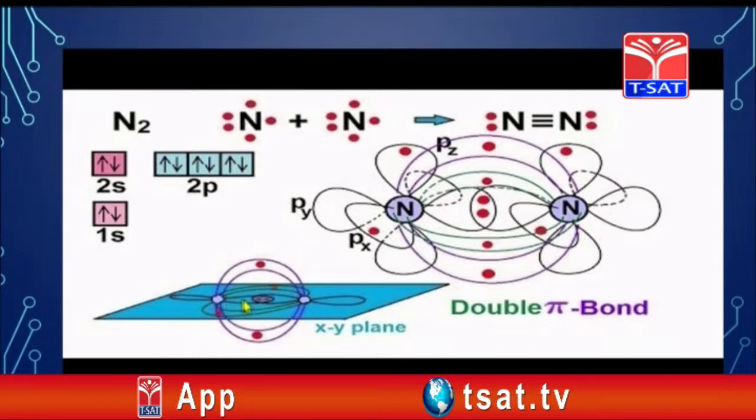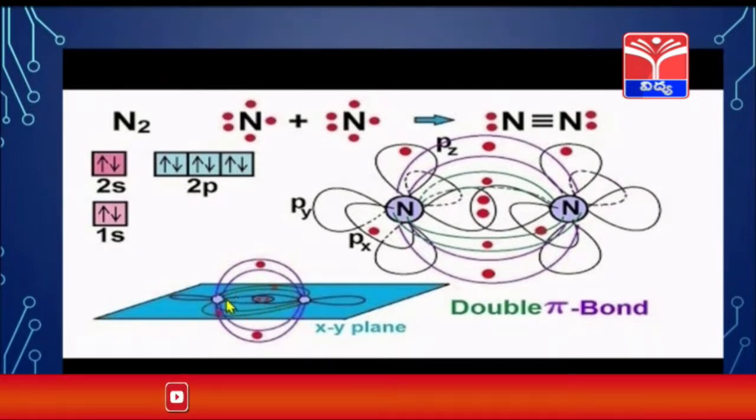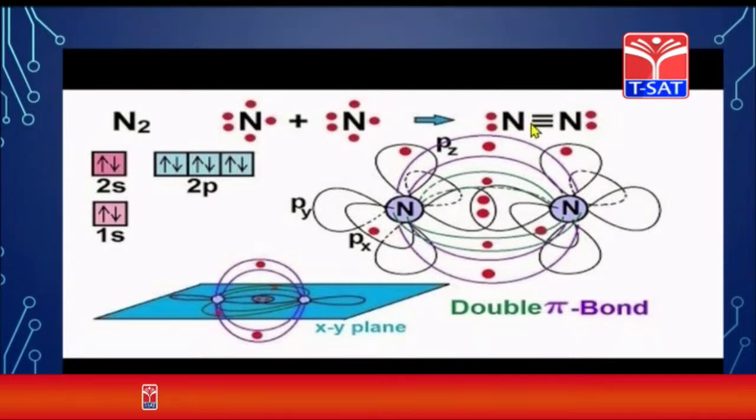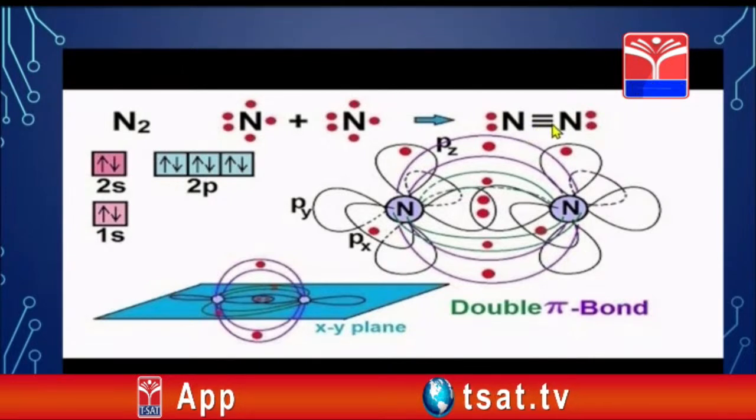So along the internuclear axis, this is the sigma bond formed, this is 1 pi bond, and this is another pi bond. So when there are 3 bonds formed, among them one will be a sigma bond and the other 2 will be pi bonds.